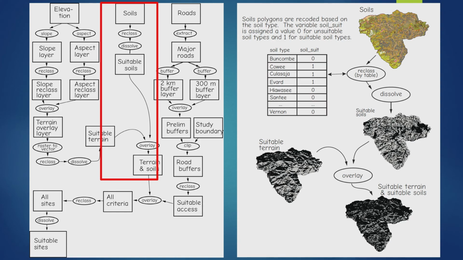In this case, we're dealing with the soils. So we're taking all of our soils and reclassifying them, saying the soil is either not suitable or suitable. The zeros mean that it's not suitable. Ones mean that it's suitable. But we don't want to see all those lines anymore. We just want to see the suitable versus the not suitable. So after the reclass, we do a dissolve, and it removes all the boundaries.